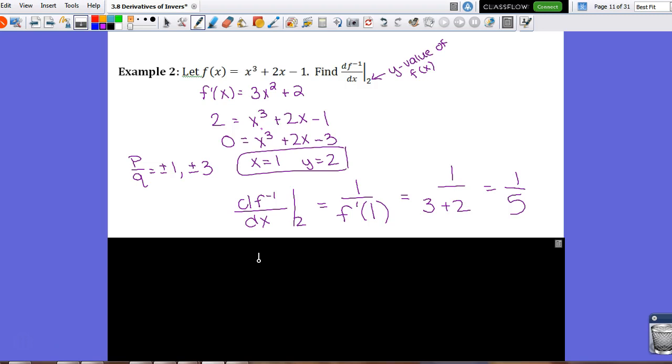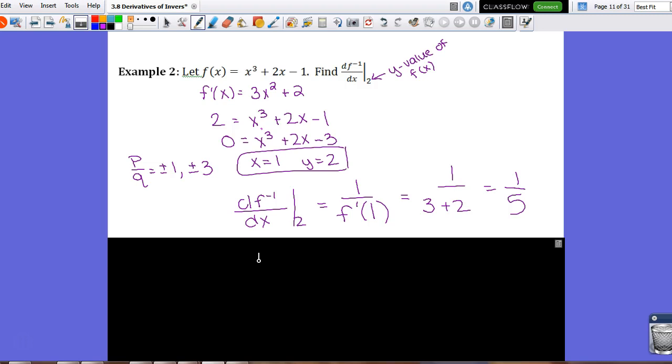It's confusing because they're giving you the y value. You have to plug in the x, and the x value is what you plug in. That's why I really go through and try to reteach you inverses, to try to make you understand the relationship.